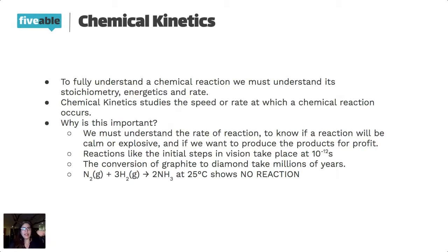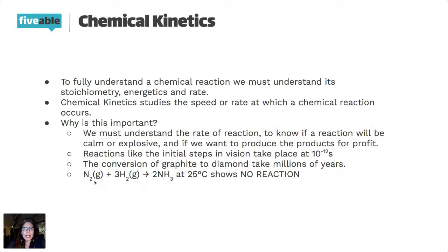For example, the initial steps in fission take place at 10 to the negative 12 of a second, so almost instantaneously. But the conversion of graphite to diamond takes millions and millions of years.